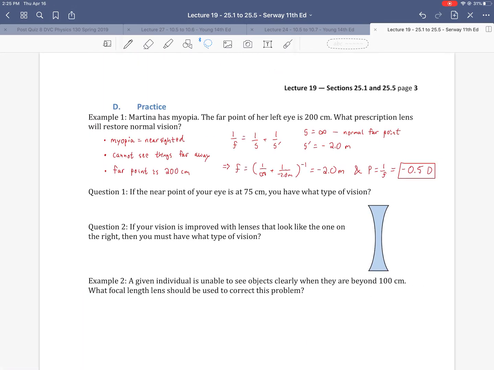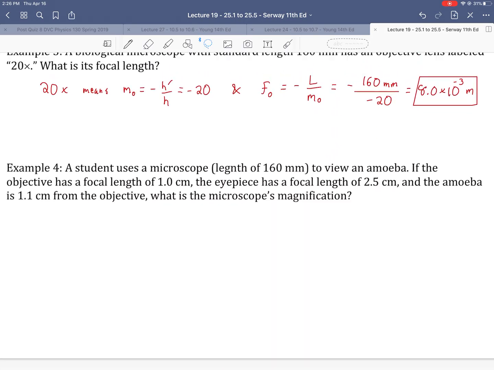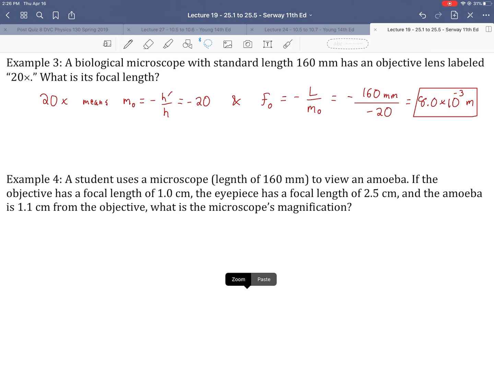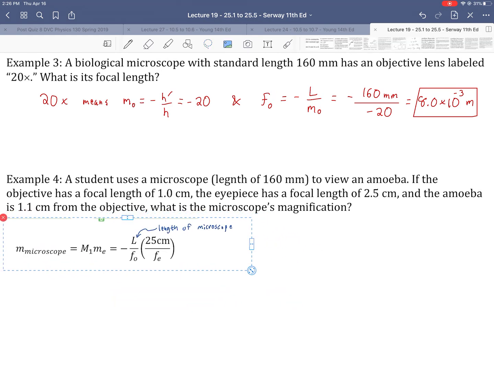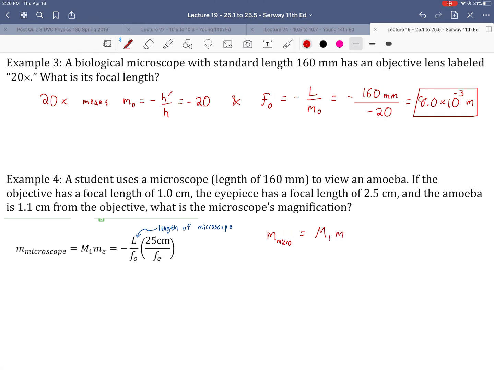Okay, so let's get this in our problem for reference. All right, so we're going to use this formula. We'll use the M of the micro, so the total magnification of the microscope, as M1 times ME, which in other words is M objective times ME.